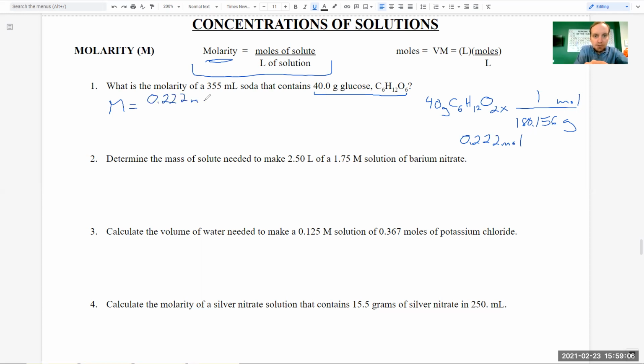So now that I have my moles, I'm going to put 0.222 moles, and I need to divide that by liters, not milliliters, but liters. You guys know that if I take 355 milliliters, put milliliters down here and liters up here. For every 1 liter, it's 1,000 milliliters. So I would take 355 divided by 1,000, or basically move my decimal 3 spots to the left.